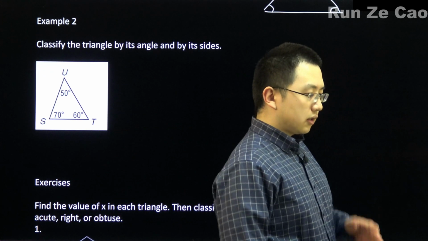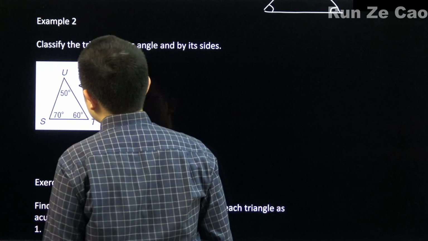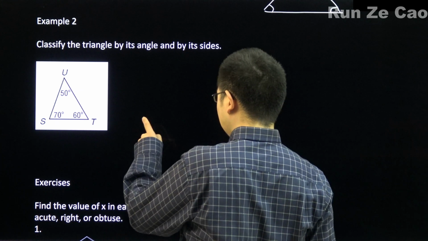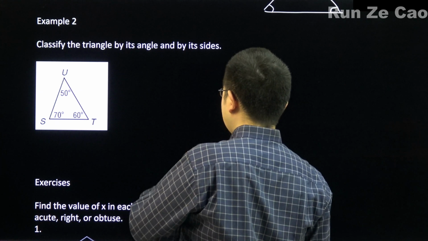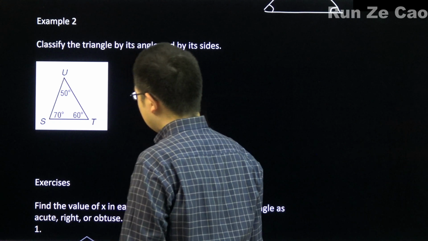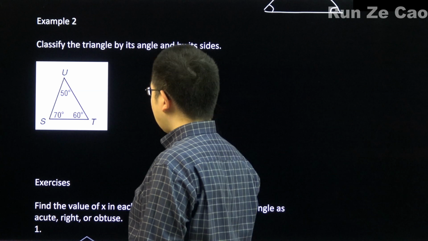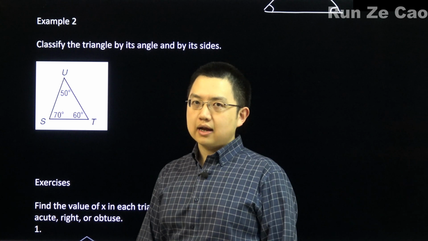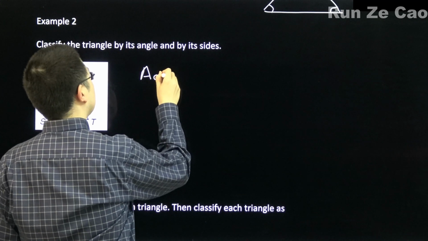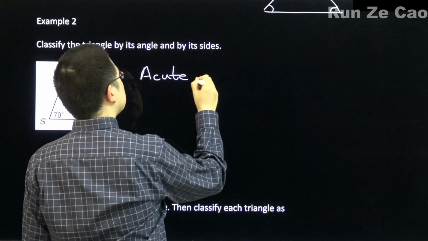This triangle here does not fulfill the angle requirements to be isosceles or equilateral. There are no equal angles, and all the angles are less than 90 degrees. Therefore, this is acute and scalene.